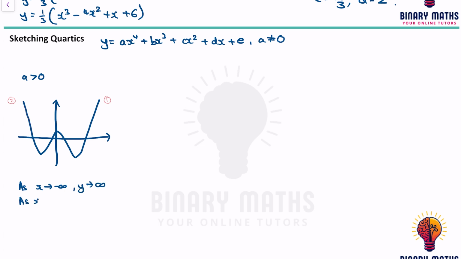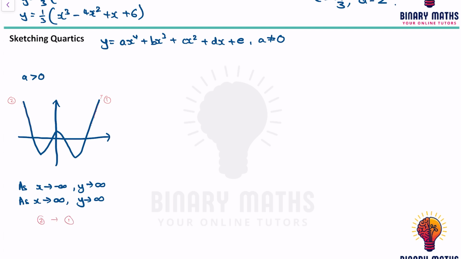And as x tends to positive infinity, so as it's getting more and more positive, y is also getting more and more positive. Y tends to infinity. So just remember it goes from 2 to 1.